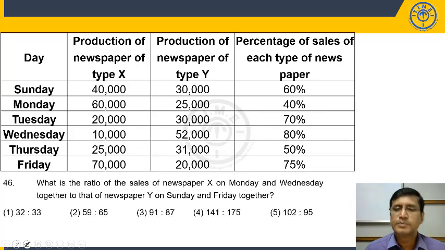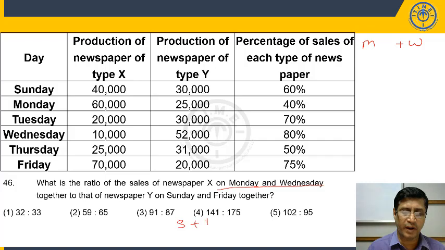Now look at the question here. What is the ratio of the sales of the newspaper X on Monday and Wednesday together to the newspaper Y on Sunday and Friday? Sunday and Friday, the paper Y. This is X. So Monday, what is the X value on Monday?